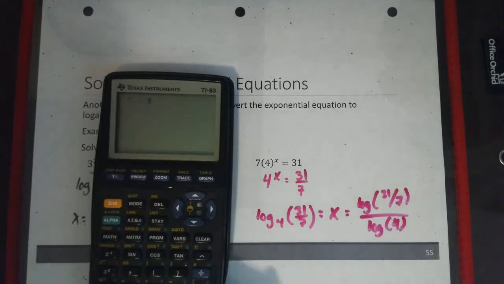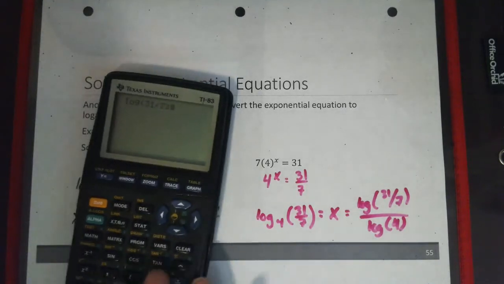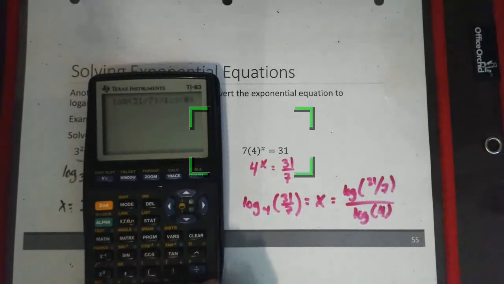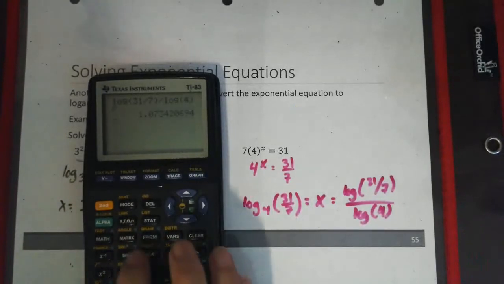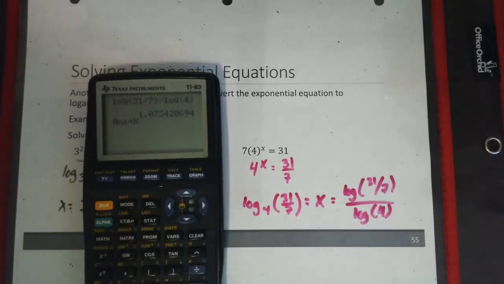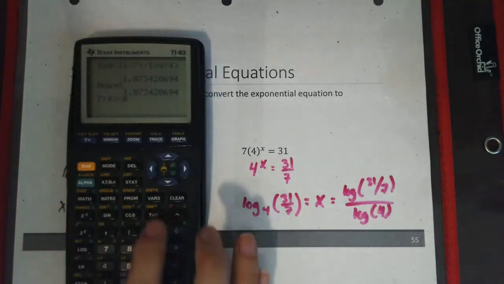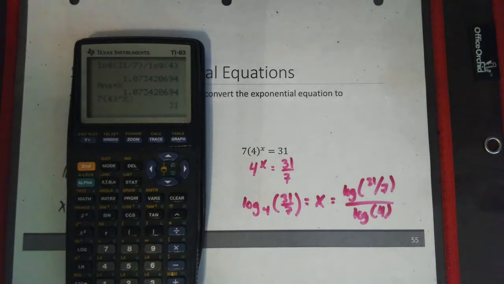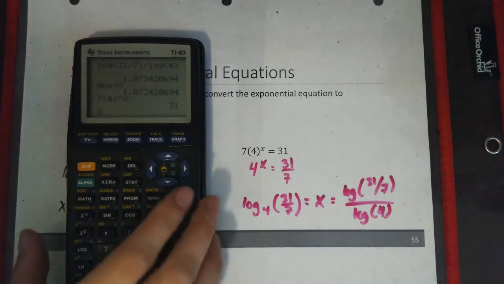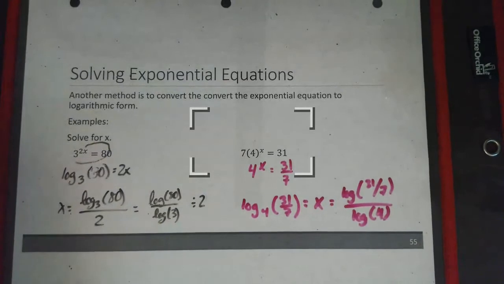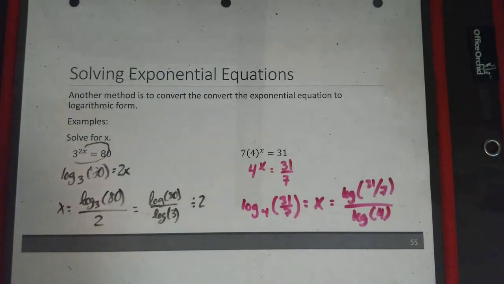So we have the log of 31/7 divided by the log of 4 equals, I'm going to store it as x. And we have 7 times 4 raised to the x power equals 31. Cool. So remember, every time we're solving an equation, we can check our answer. Even if it's complicated, it's still an option.